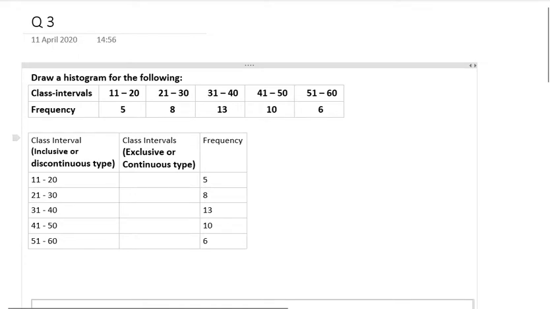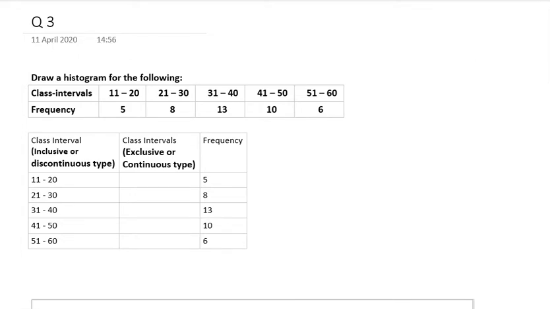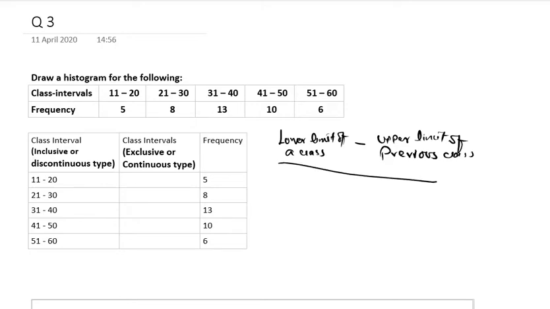For doing that, you have learned in class 9 that what you need to do is take the lower limit of a class minus the upper limit of the previous class, the whole upon 2.